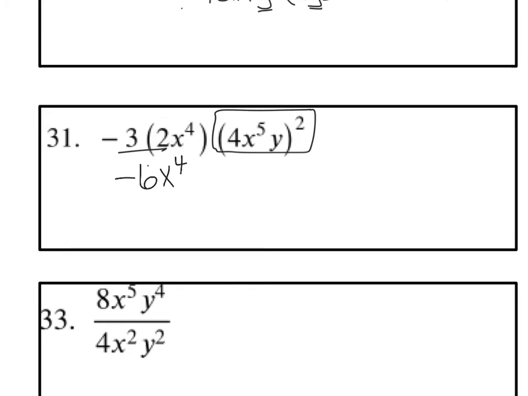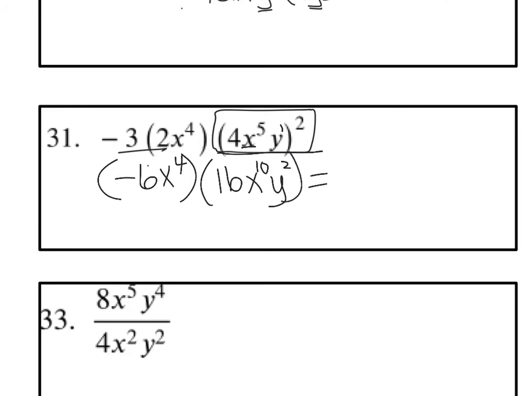When you're adding or multiplying, order doesn't matter. Now this one is going to be 4 squared is 16. X to the 5th squared is 10. And y to the 1st squared is y squared.